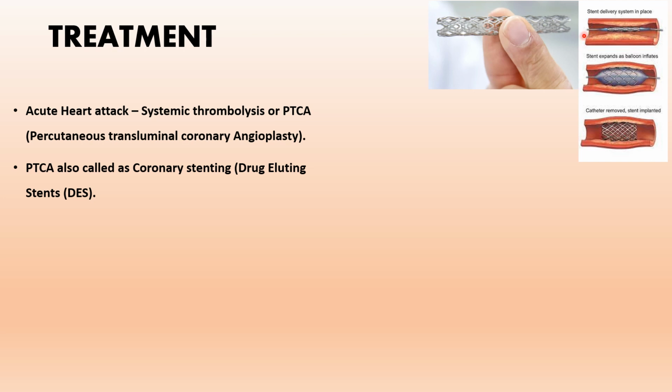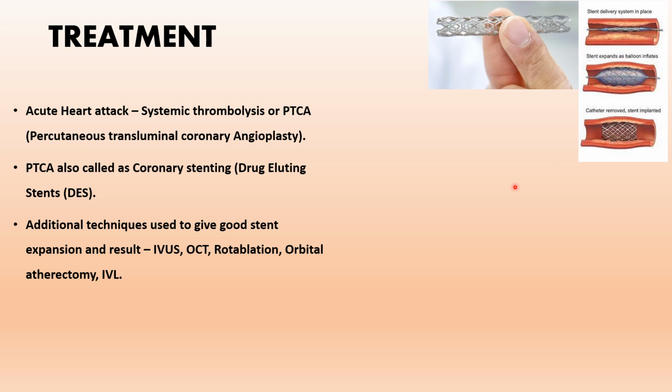After the vessel is opened with a wire, the system is taken into the narrowed segment, and then the balloon on which the stent is mounted is inflated, and this metallic tube gets adhered to the walls of the blood vessel. See, here it is narrow. After placing the stent, we enlarge the blocked vessel, restoring normal blood flow. So this is the process of coronary stenting.